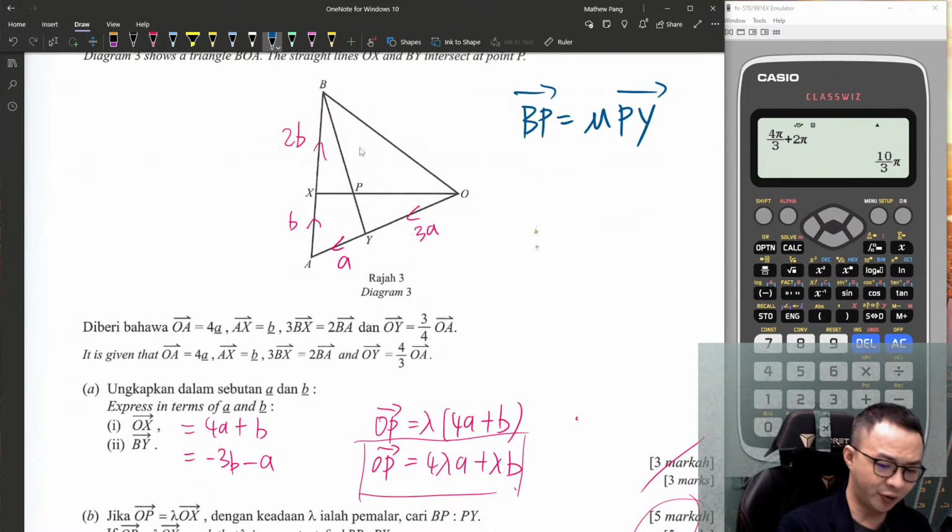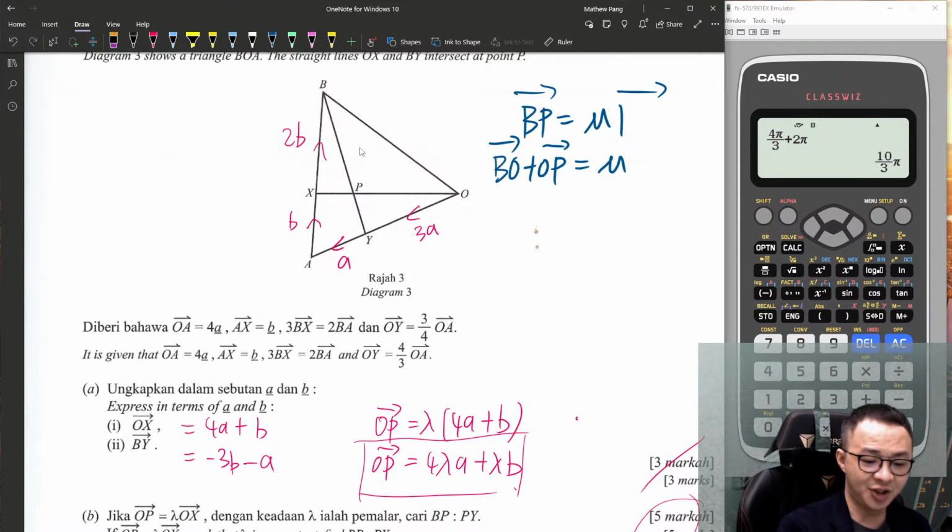BP is just BO plus OP. And PY, do I have PY? No, I don't have P to Y. Okay, never mind, I change the PY to BY. It doesn't matter. Easier for me to form the equation because I have the BY, negative 3b minus a. Then after I get the ratio, I can just change it back myself.